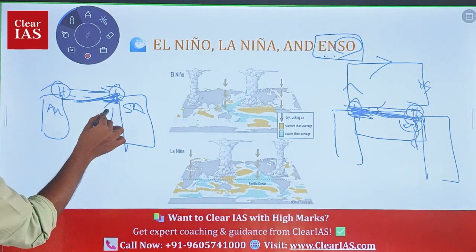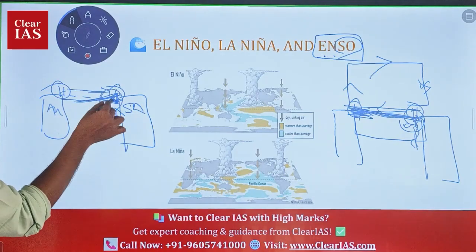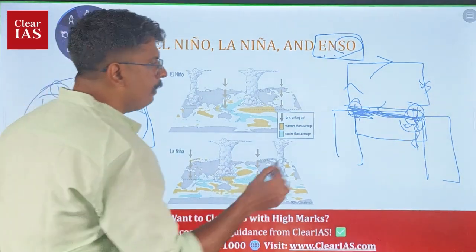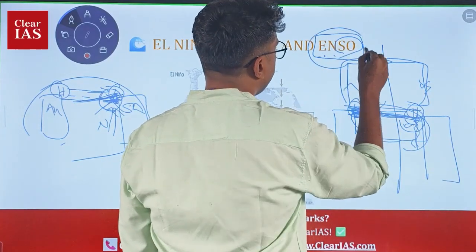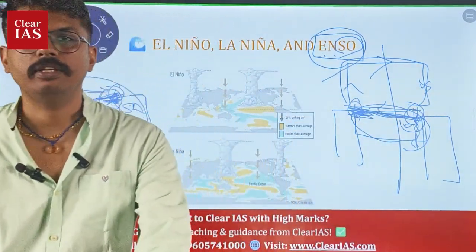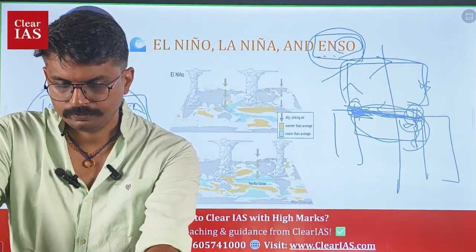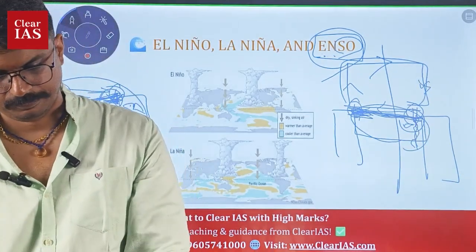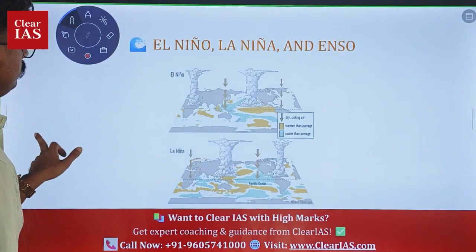So there is no rising of cold water, fewer nutrients, and the fishing season will also be destroyed. So this is the movement of water. Now, if you study the movement of air and the movement of water together, we call it ENSO, El Nino Southern Oscillation.